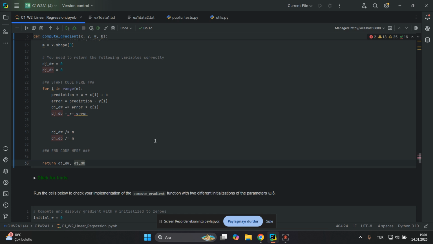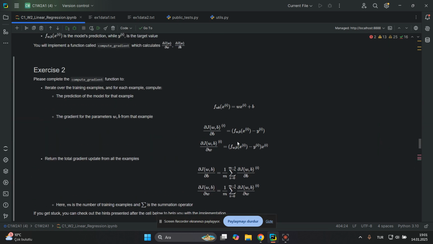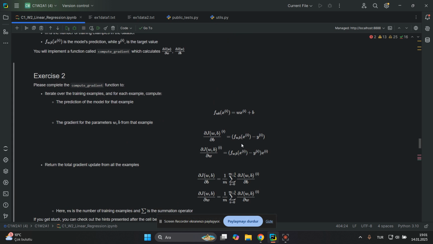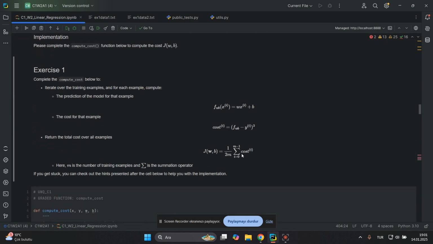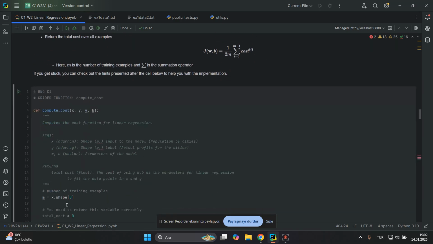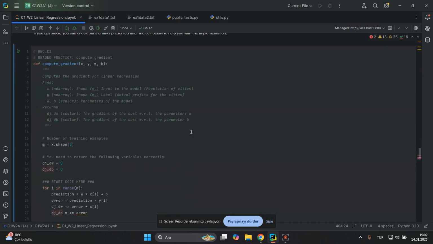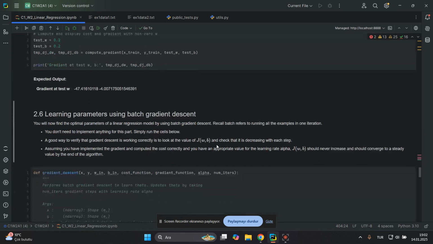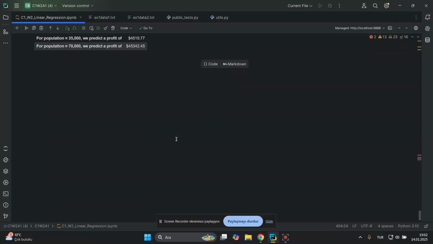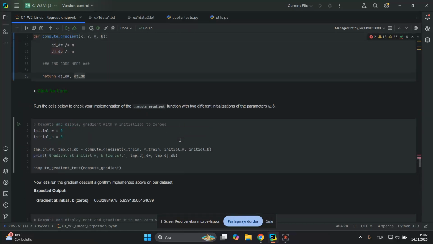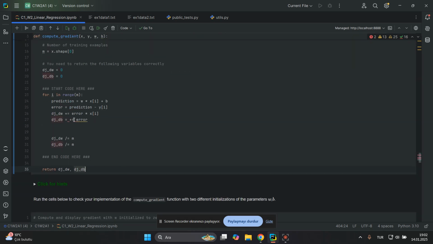Let me explain what I did. Here, f_wb of x[i] equals w times x plus b, and this was the first function; we give it as a prediction. Then again the prediction, and the error is the prediction minus y.